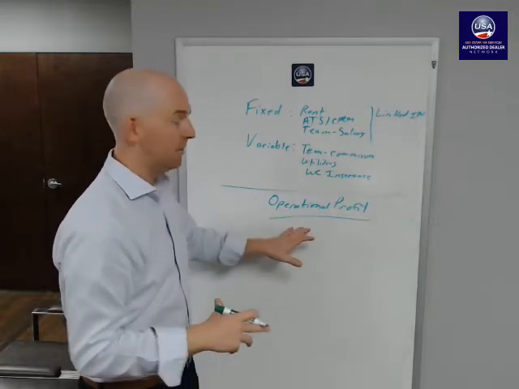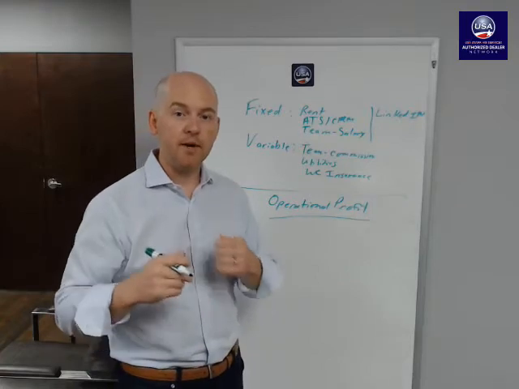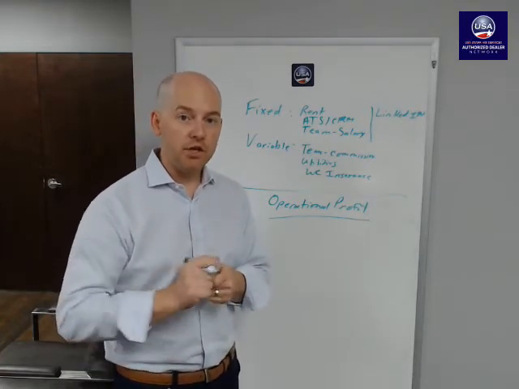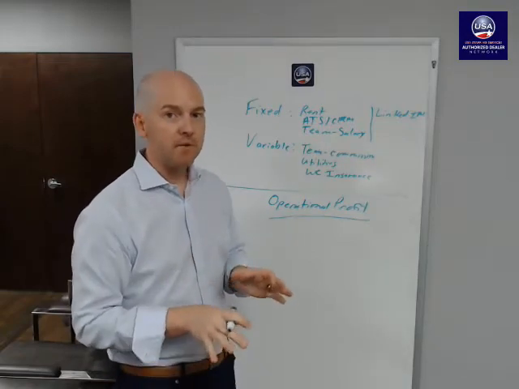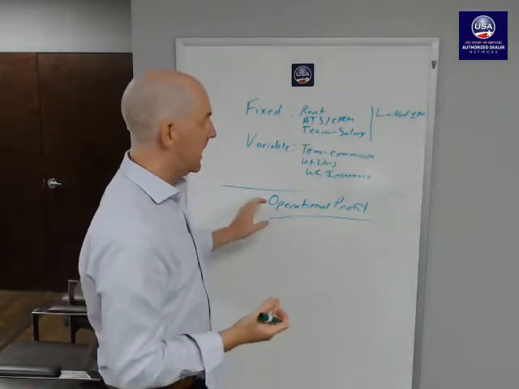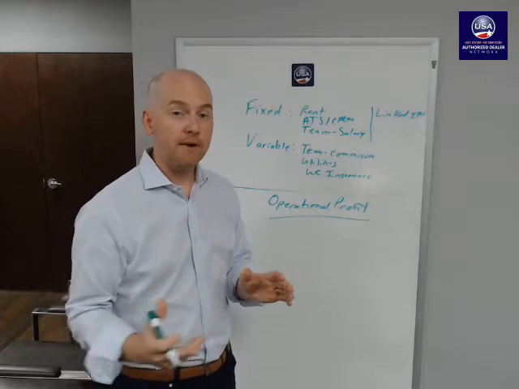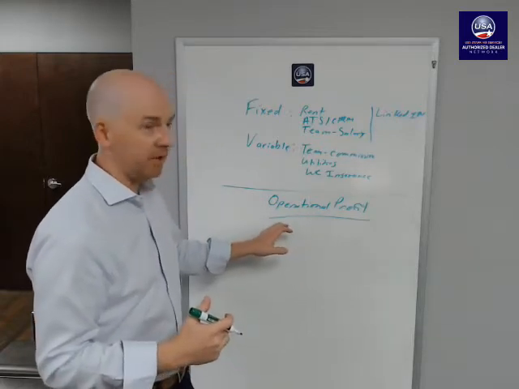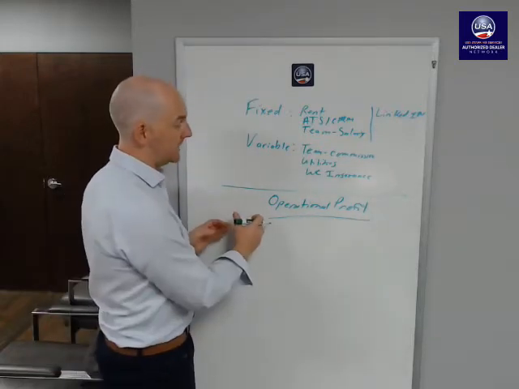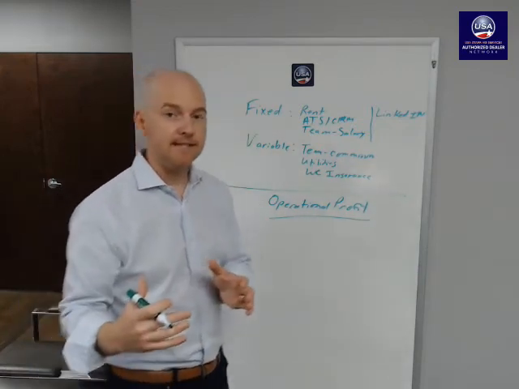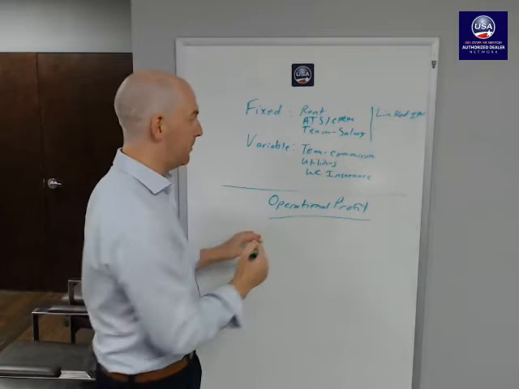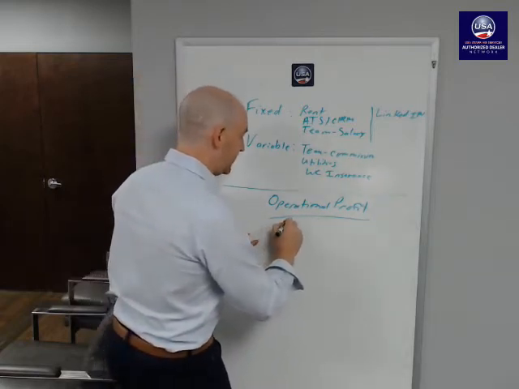That's your operational profit, and from our standpoint, that's what we pay out to you directly into your bank account. That's the profit you earn for your business. If you're a traditional staffing firm, it's typically called your gross profit. So your operational profit really has to reflect your fixed and your variable expenses on a weekly and a monthly basis. And the variables to your operational profit, typically one is billable hours.